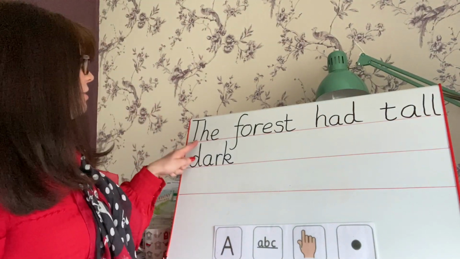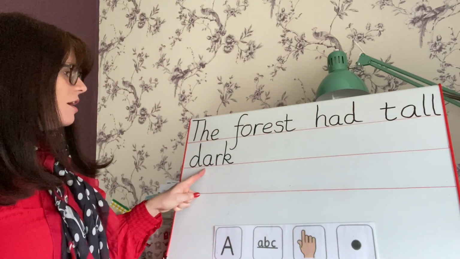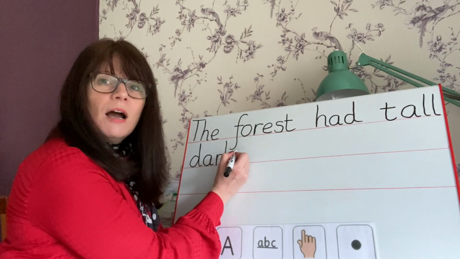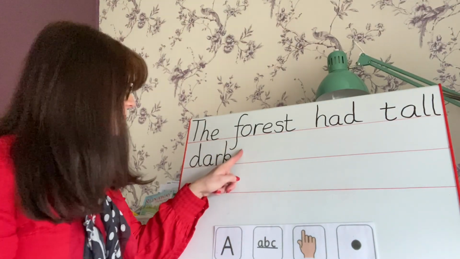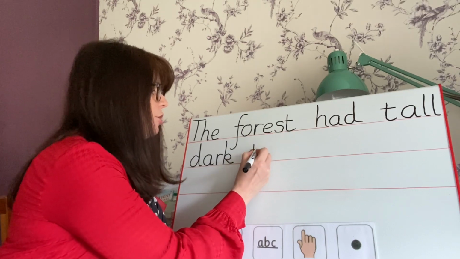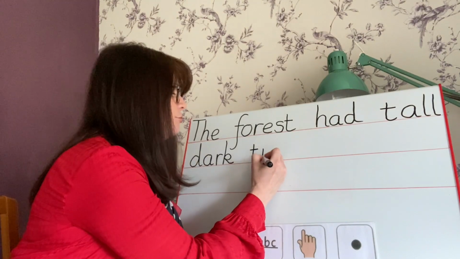Read, write. Here we go. The forest had tall, dark trees. Oh, I'm forgetting my finger space. Trees. Let me sound that out. Tr. Oh, it's a blend. Tr.